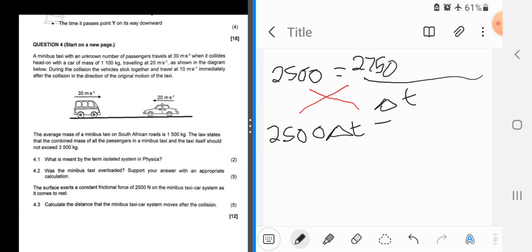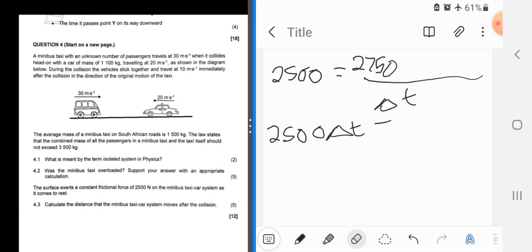So those are the masses of these two cars. This one here has been given to us.